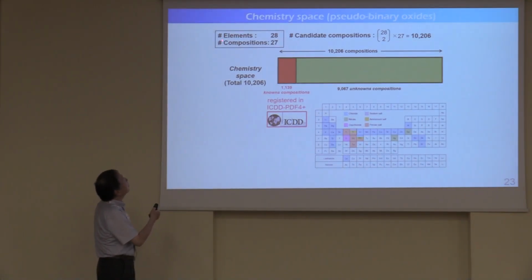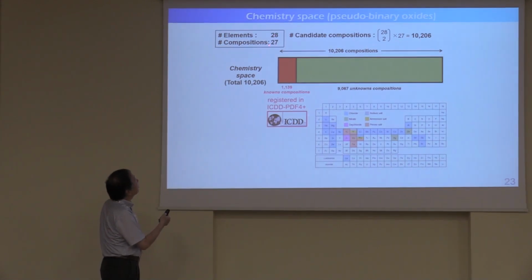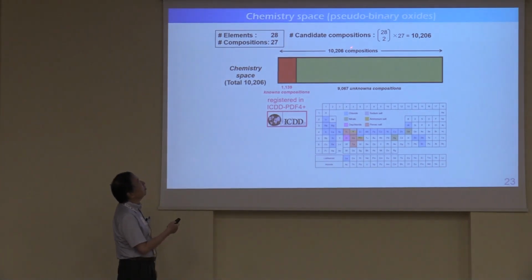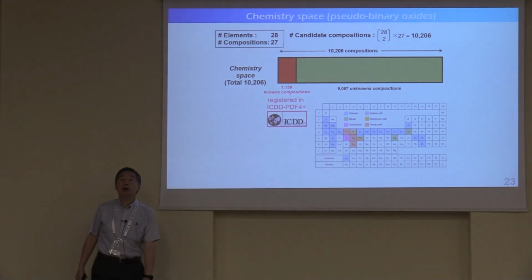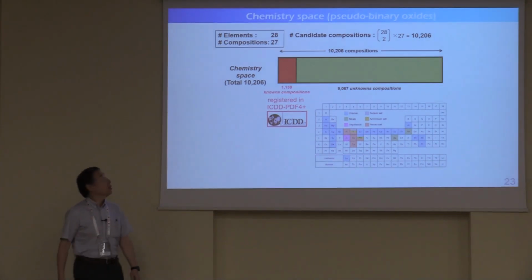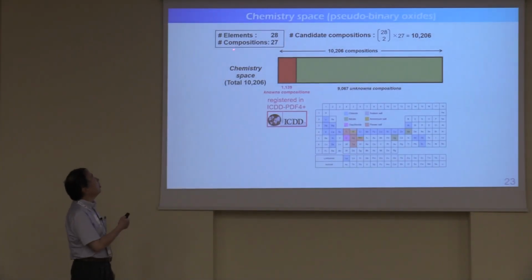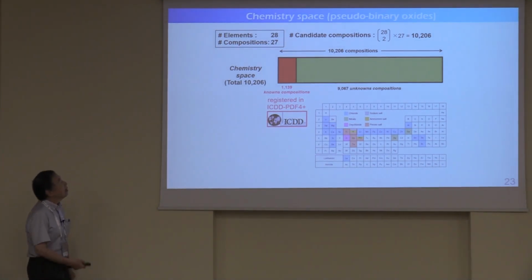So for 28 elements and 7 compositions, altogether the candidate compositions become something like 10,000. Compositions means 1 to 10, 1 to 9, 1 to 8, or something like that.